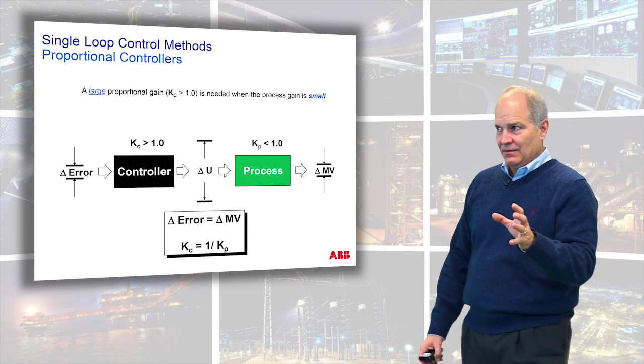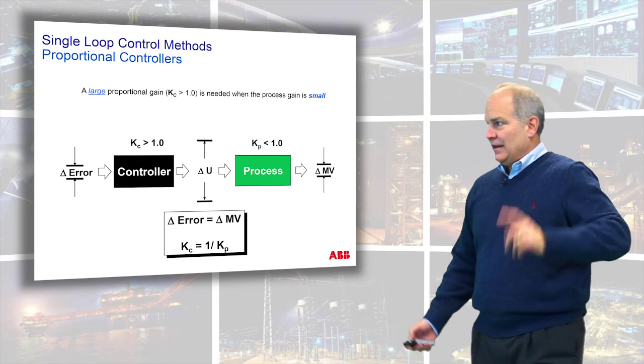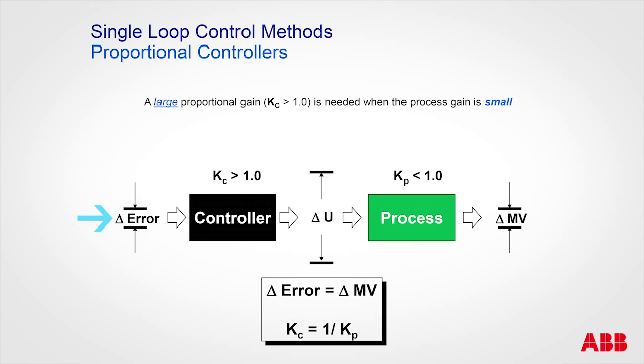If you look at the circle here, if I had an error, just pick a change in error, the controller gain has to be greater than 1 to give me an output that's much bigger. In order for that output to zero this error, the process gain is what absorbs the change in actuator. So the actuator change may be large, but it may give me a very small process gain.